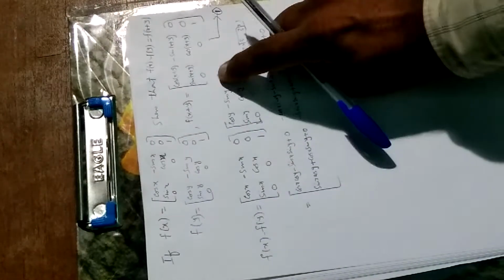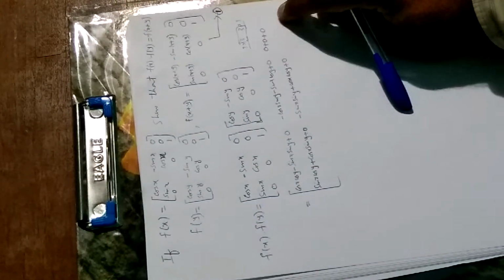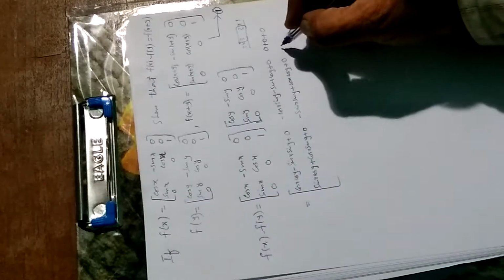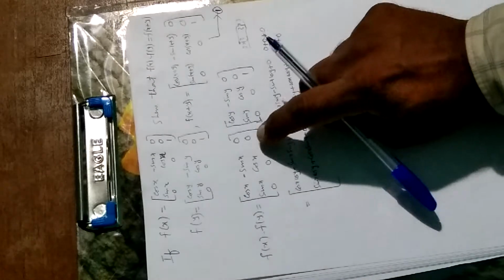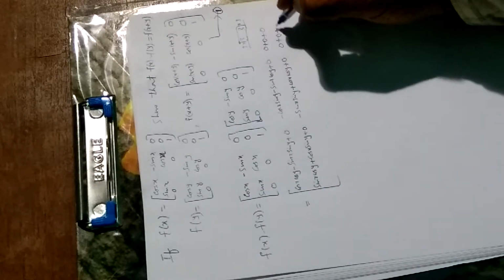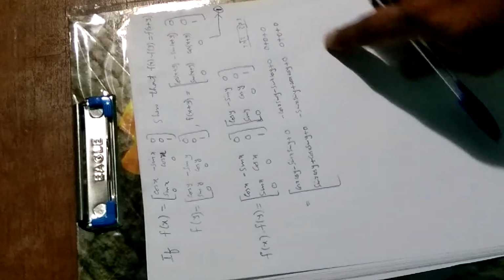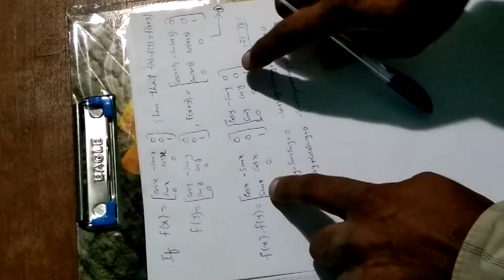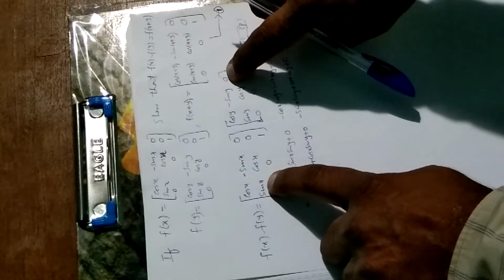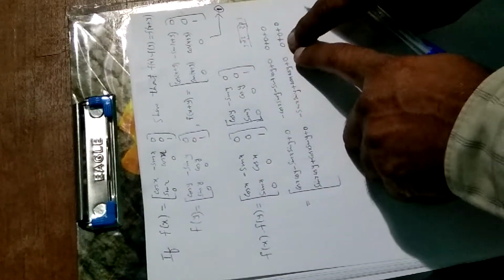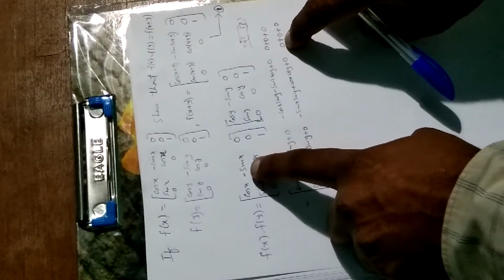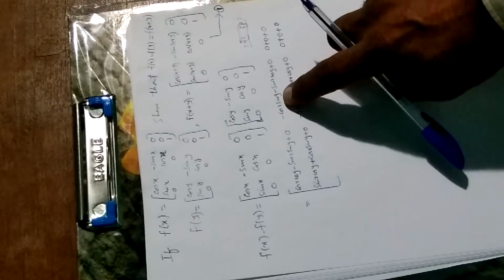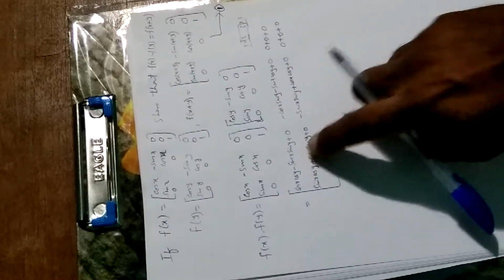Then second row third column, that will give us the third element, sin x into 0 is 0, cos x into 0 is 0, 0 into 1 also 0. We have to take plus sign in between. Remember, when you multiply one element by one element, then for the second element take plus sign. If minus sign is there, then that will become minus, as it is here in this step, right?